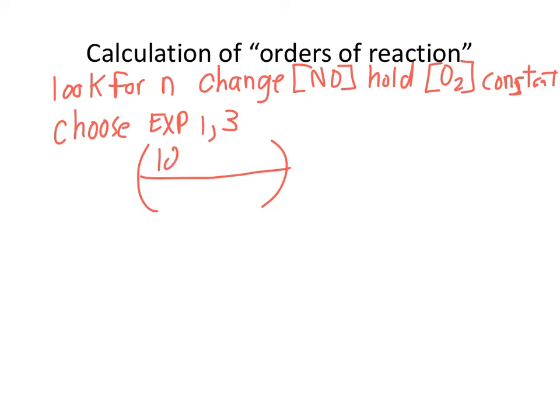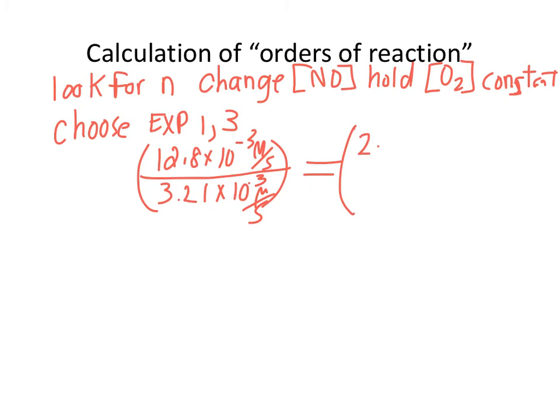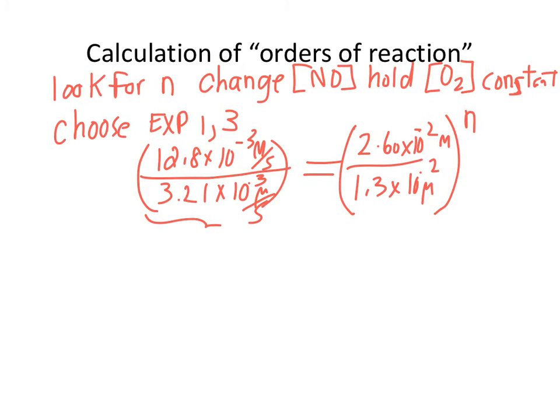So we have 12.8 times 10 to the minus 3, again, molar per second, over 3.21 times 10 to the minus 3 molar per second, equal to 2.60 times 10 to the minus 2, that's the concentration, over 1.3 times 10 to the minus 2, so molar, and that will be to the N. If you take a look at this, this comes out to be 4.